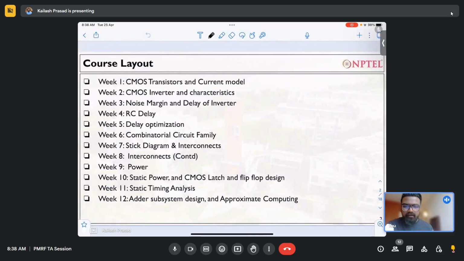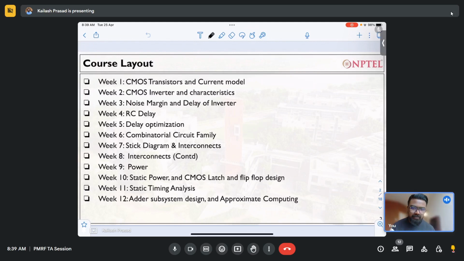In weeks 1 and 2, we started with the CMOS transistor and the current model. Then we learned the most important circuit in VLSI design, that's the inverter. I have already said that if you understand the inverter, you pretty much understand everything in VLSI design. With the help of the inverter, we learned the noise margin.